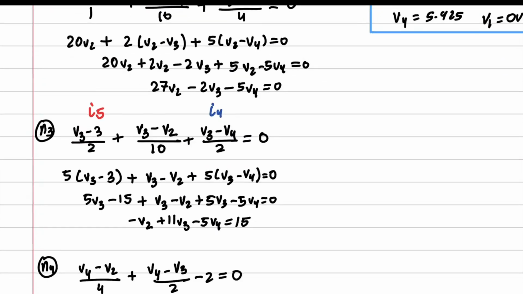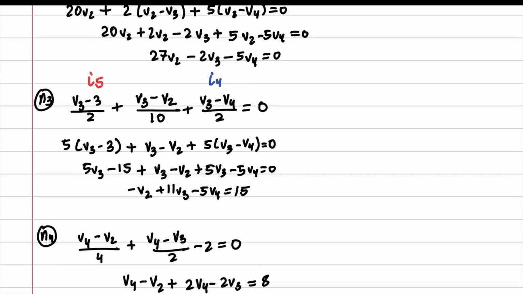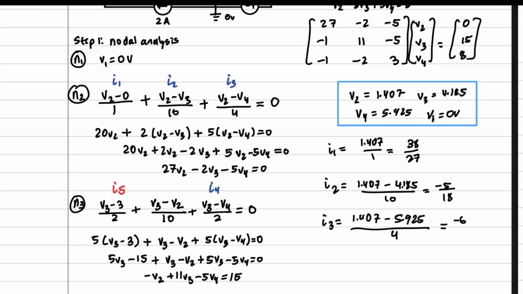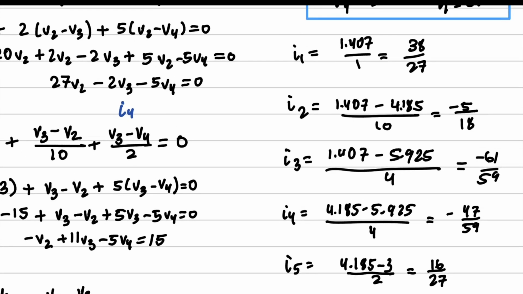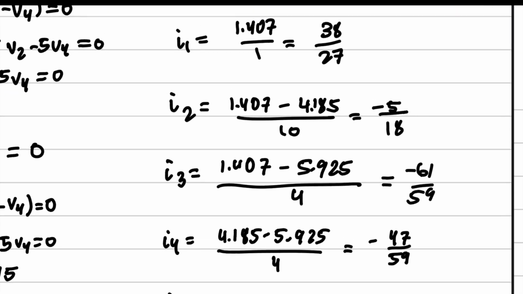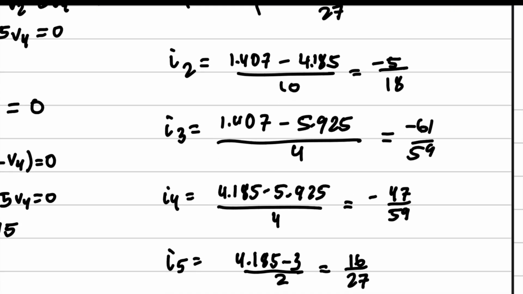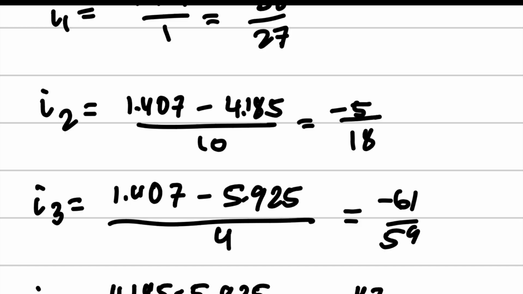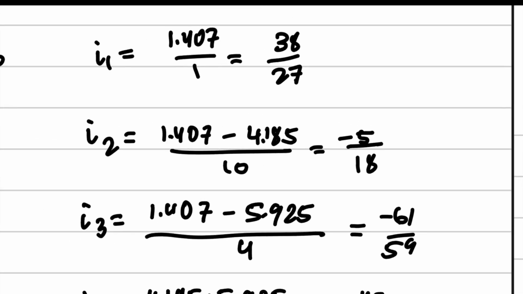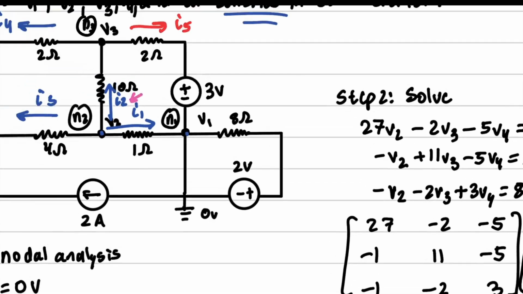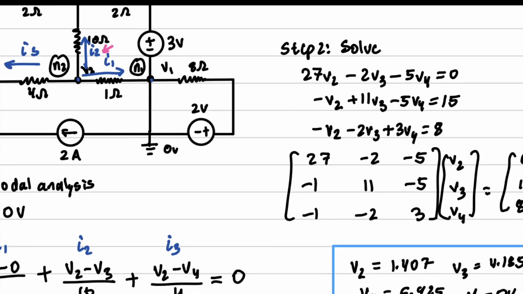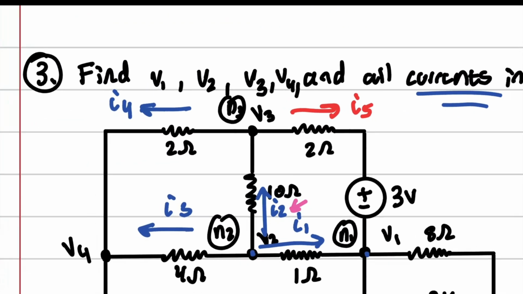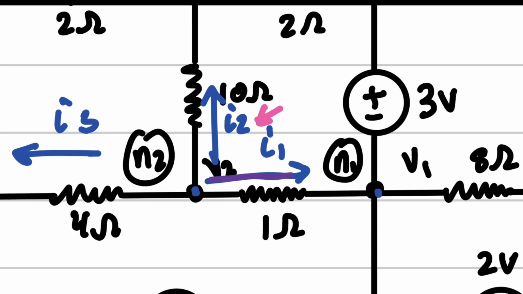So now we are going to go ahead and solve for them. That's what we get for I1, I2, I3, I4, and I5. And so some of these are negative. When it's negative, that means that the polarity that we had given it is actually the opposite. So 3/8 over 27, which is I1, means that it is actually going in this direction.